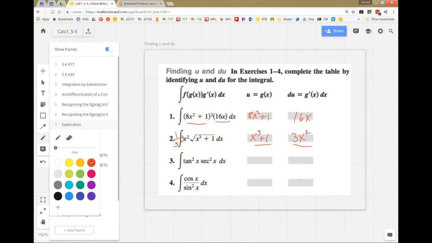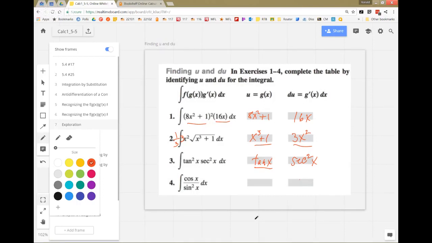Let's see. What's the derivative of the tangent? Secant squared. So I don't know if you can tell, but that inner function here has to be the tangent of x. And then what's the derivative of that? The derivative of the tangent is the secant squared.